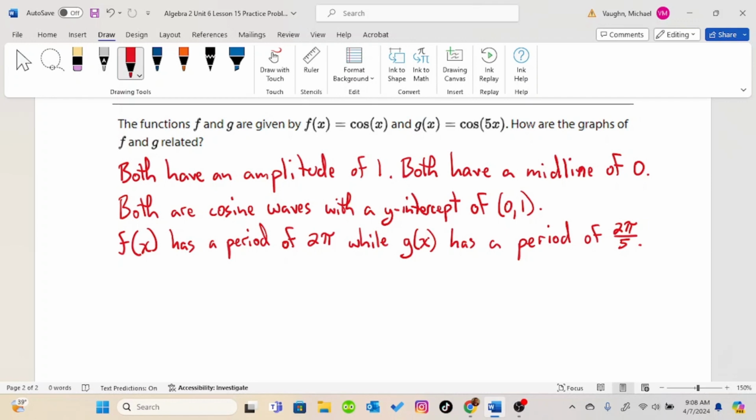F of x will only complete one full cycle within 2 pi, but g of x will complete 5 full cycles in 2 pi.